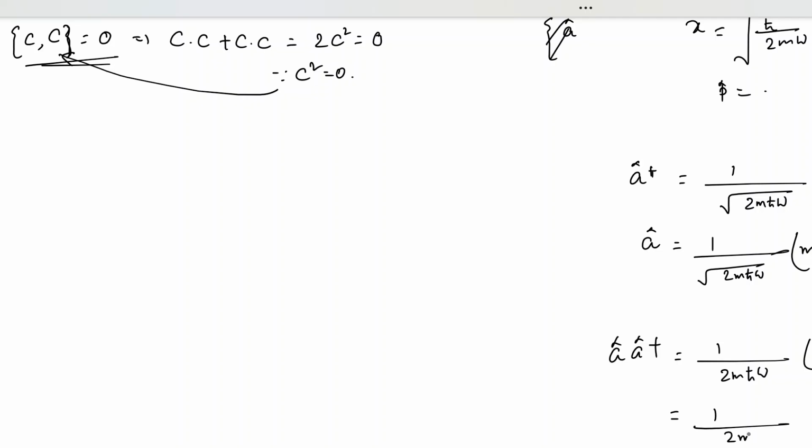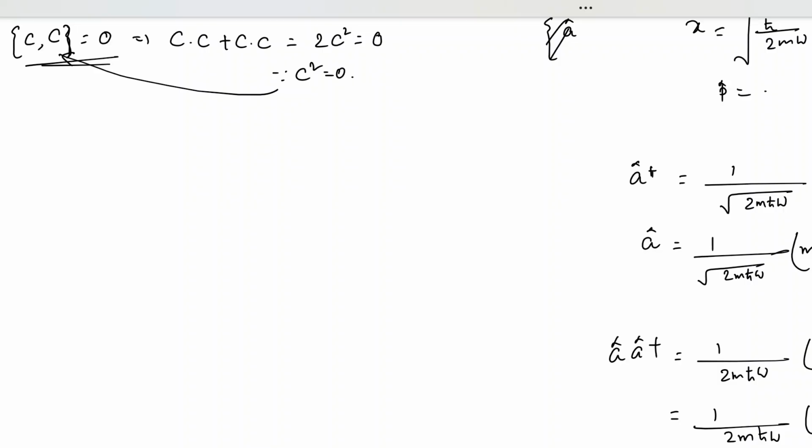This gives 1 by 2m h cut omega times m squared omega squared x squared, minus I m omega xp, plus I m omega px, minus I squared which is plus 1, so plus p squared.